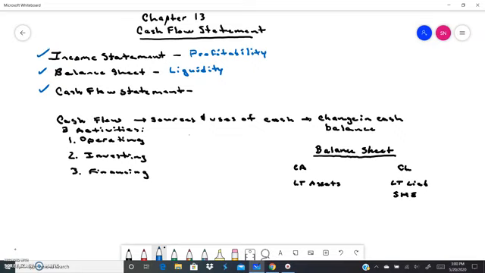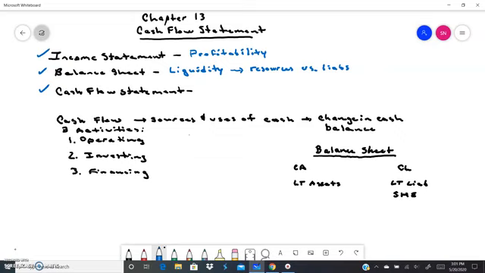And liquidity will oftentimes be looked at by comparing the resources that we have versus the liabilities or the amounts owed.